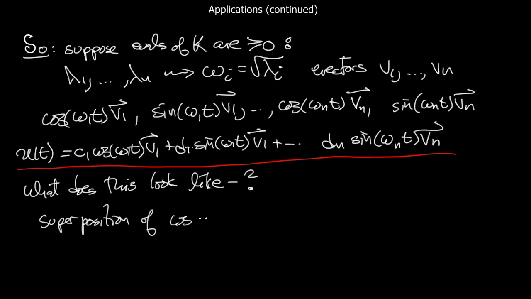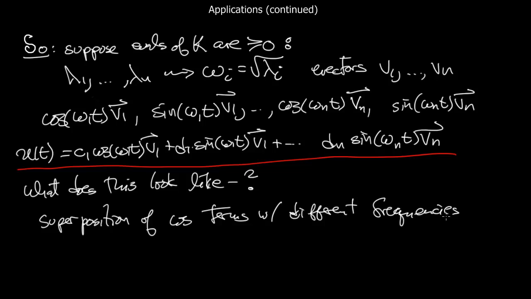It's a superposition of a bunch of different cosine terms with possibly different frequencies. These omega i's are very possibly different, so it's a bunch of sine waves or cosines with different frequencies, and when you add them up, you don't get a sine or a cosine.